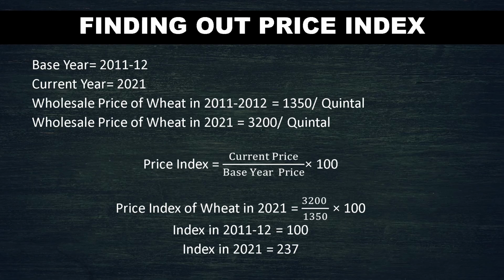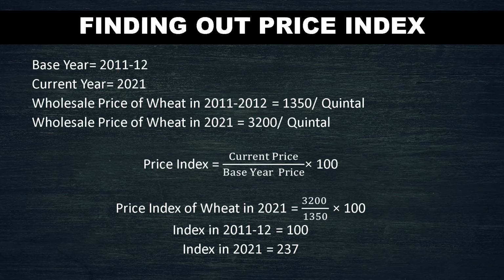Now the wholesale price of wheat in the base year, that is in the year 2011-12, was rupees 1350 per quintal, that is 1350 for 100 kgs. However, in the current year, it was 3200 per quintal.